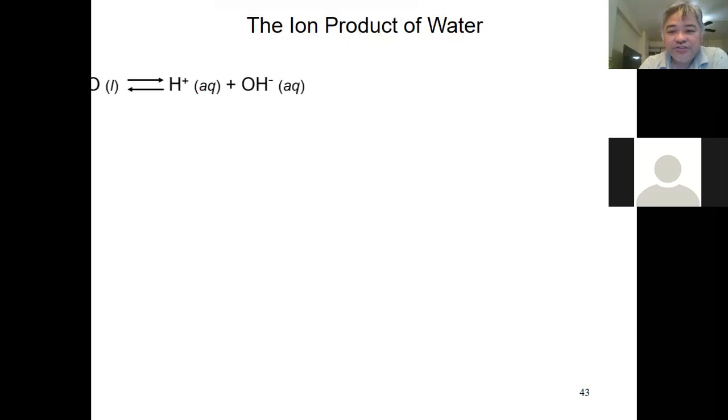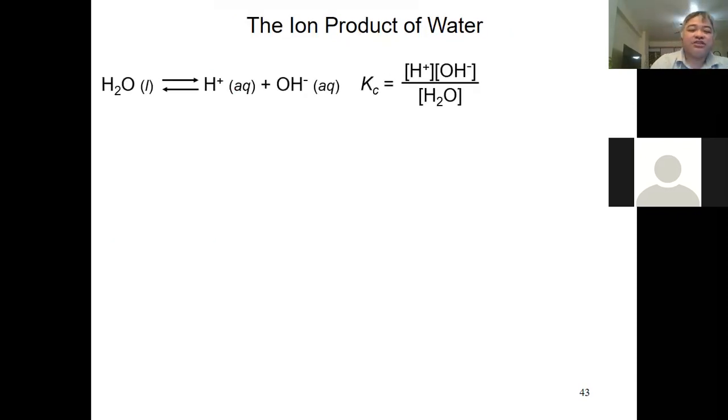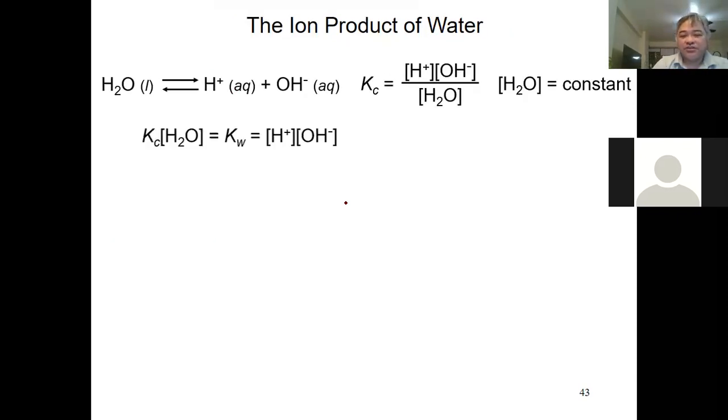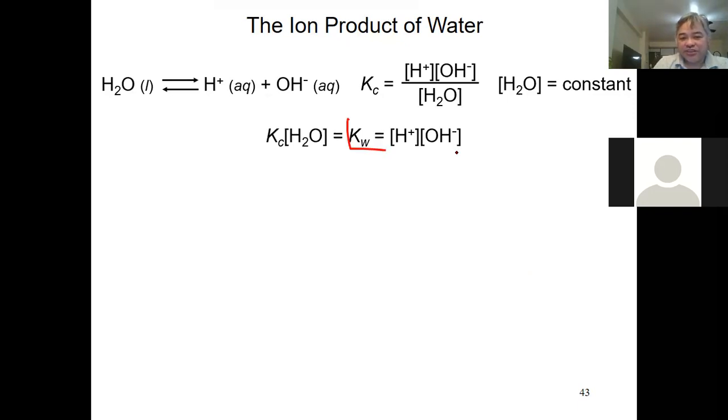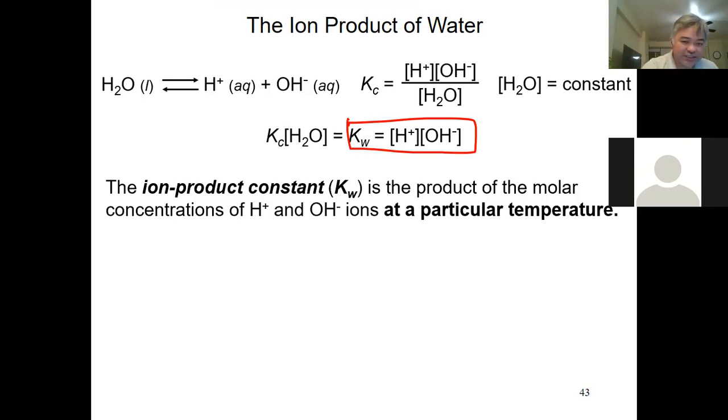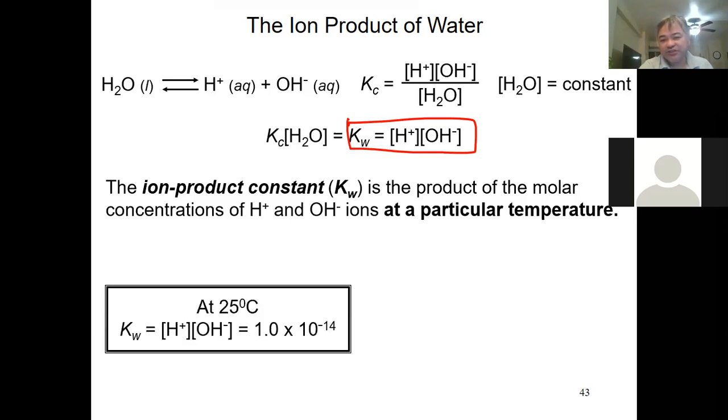Now, that unique property that they have also gives them this so-called Kw, which is just equals to the ionization of water to produce H plus and OH minus. Now, what is this Kw? This is the ion product of water or dissociation constant of water. And it's just the product of the molar concentration of your H plus and OH minus.